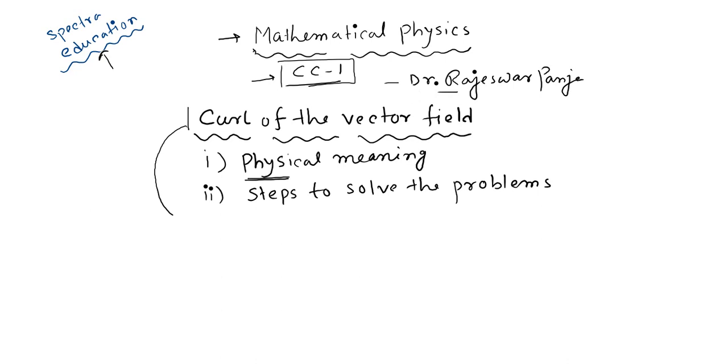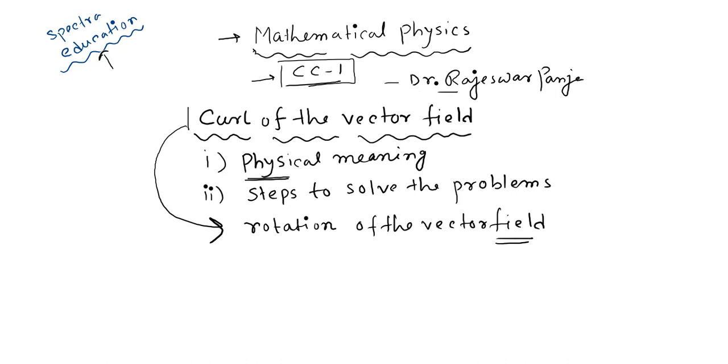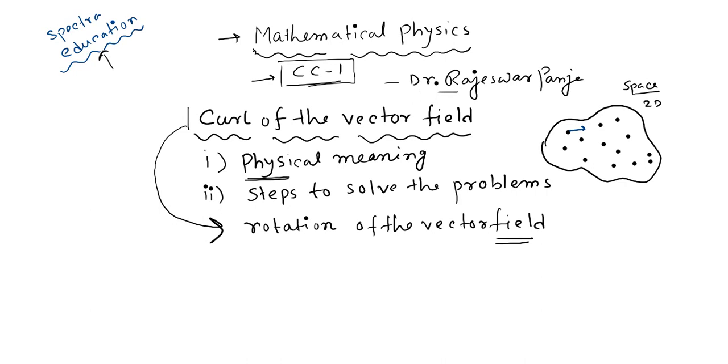Basically, curl of a vector field is related to the rotation or rotational tendency of the vector field. What does it mean? It means that if we consider a two-dimensional vector field, let's say this is a two-dimensional space, and at each and every point, if we consider several points here, each point represents a vector, for example a force vector.